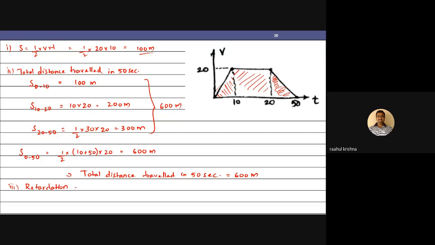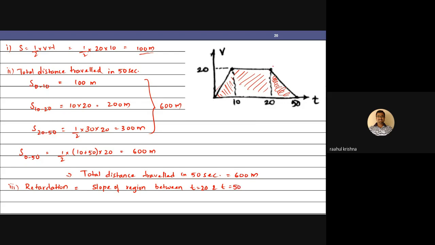Now, when I want to find out the retardation, I'll be finding out the slope of the curve, the slope of the region between t equal to 20 and t equal to 50.